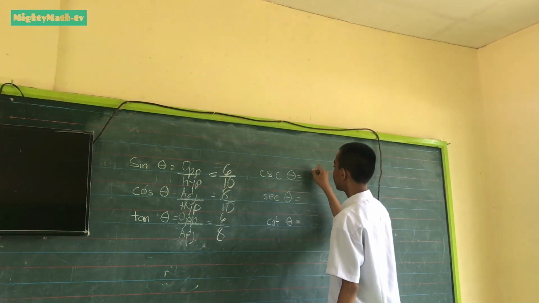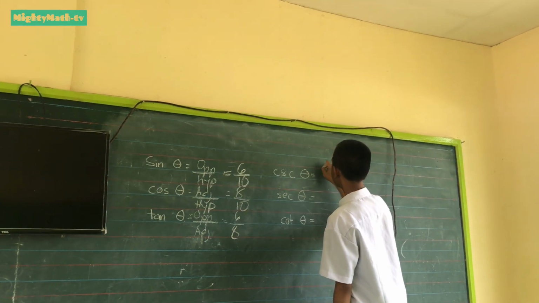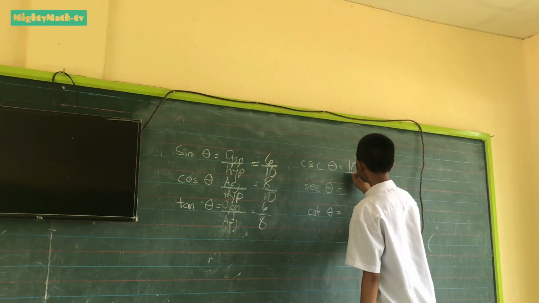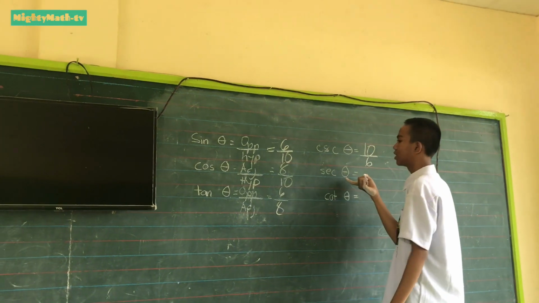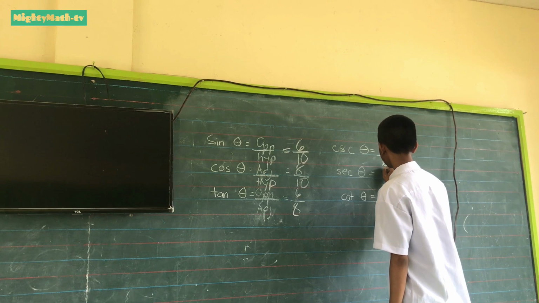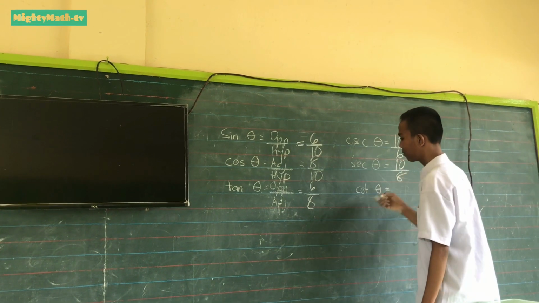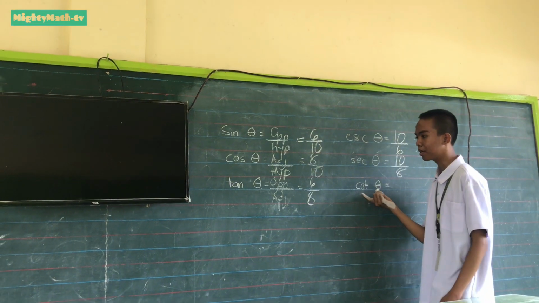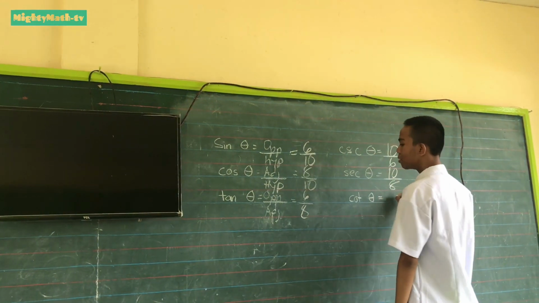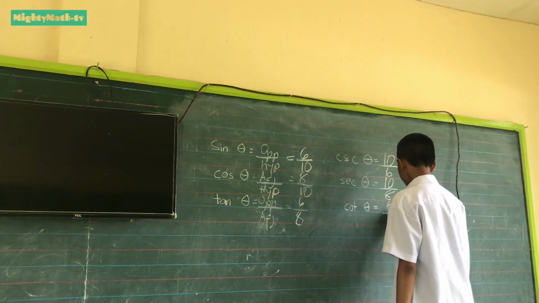So let's just switch them. It's 10 over 6. Same for secant, but for cosine, it's 10 over 8. And for cotangent it's the same, but for tangent, it's 8 over 6.